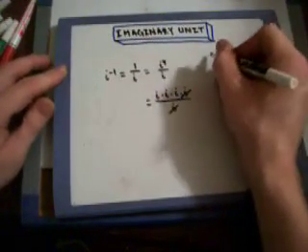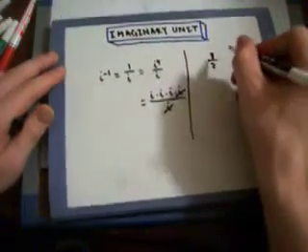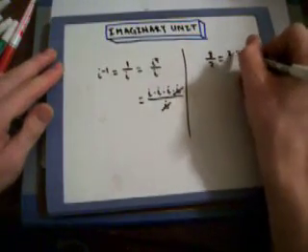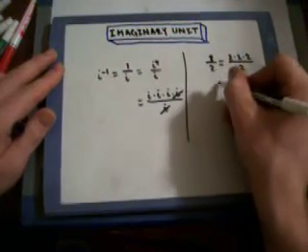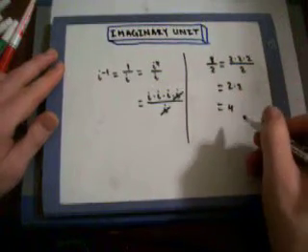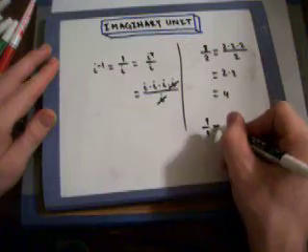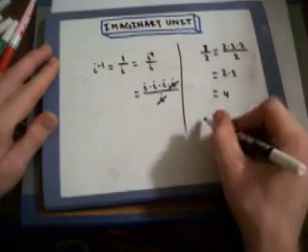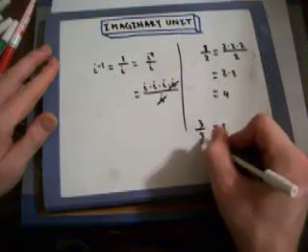So if I had 8 divided by 2, this is a different problem. That's like saying 2 times 2 times 2 divided by 2. The 2's cancel out, and you'd just be left with 2 times 2, which equals 4. The 2's cancel out because 1 over 1 is equal to 1, 2 over 2 is equal to 1, 3 over 3 is equal to 1.